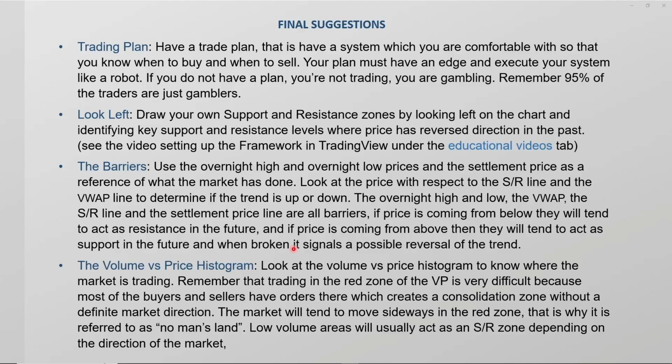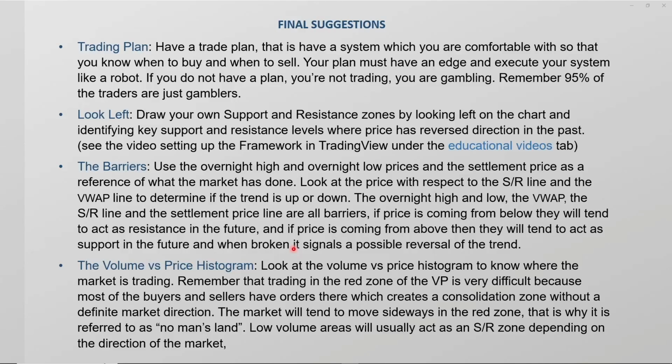If price is coming from below, they will tend to act as resistance in the future. And if price is coming from above, they will tend to act as support in the future. And when they are broken, it signals a possible reversal of the trend.